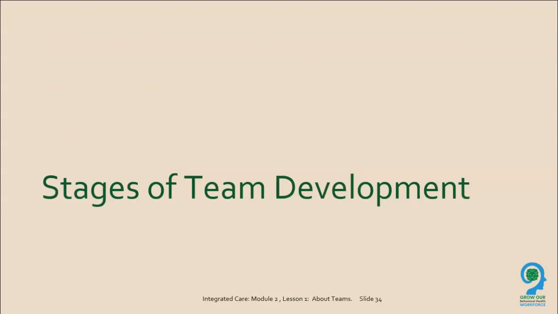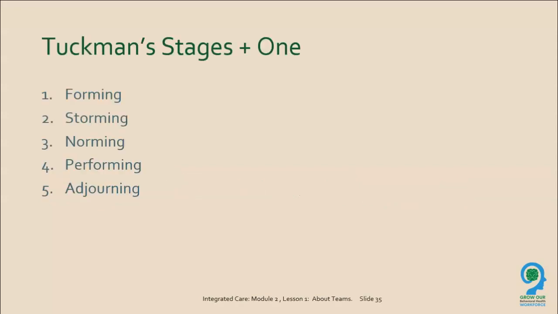Part 3, Stages of Team Development. Tuckman's stages of team development have been used since the mid-1970s, actually since 1965, to help to understand team dynamics and what makes teams effective, what makes them tick.